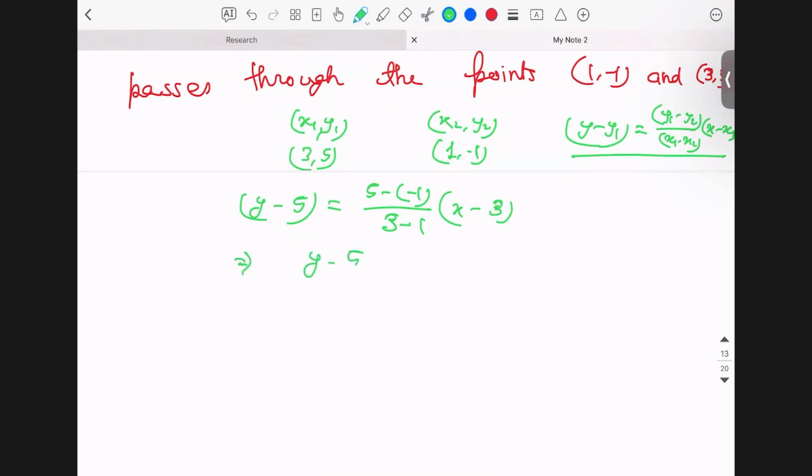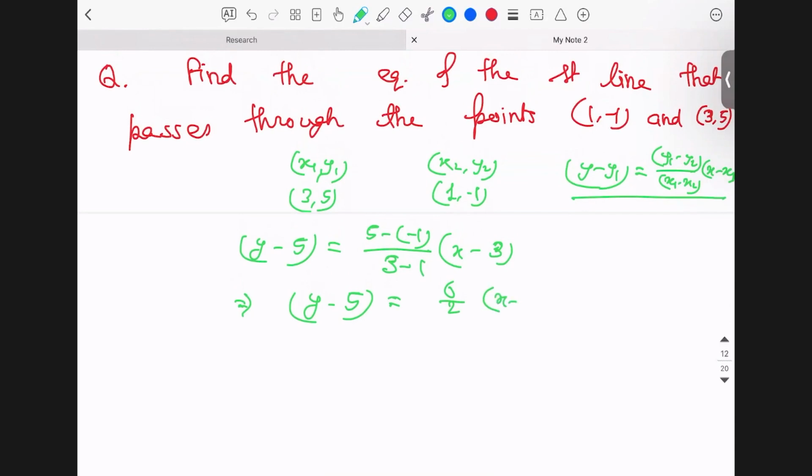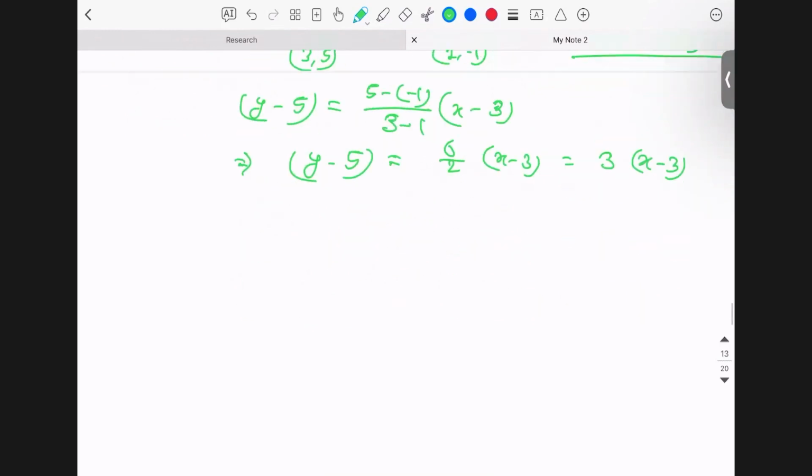So we will get y minus 5 equals 4 divided by 2, that is 2, into x minus 3. Okay. Now if I simplify this, we will get y minus 5 equals 2x minus 6.